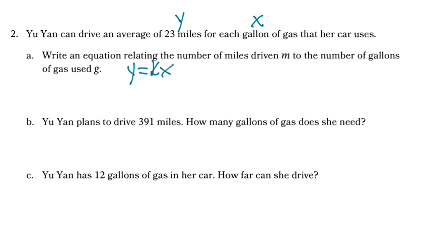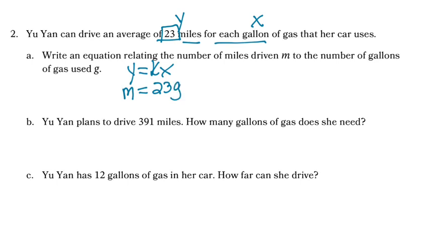The Y is going to be our miles, which they want us to put M, is equal to, the constant is, they give it to us right here because it's 23 miles per gallon. So 23. And then our X is going to be our gallons, and they want us to use G.